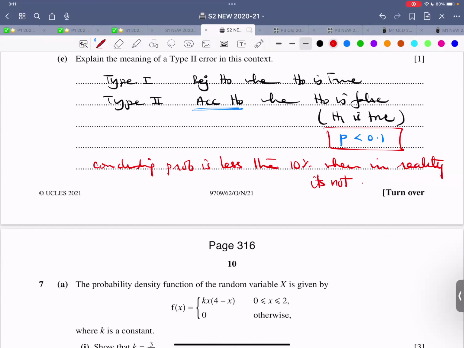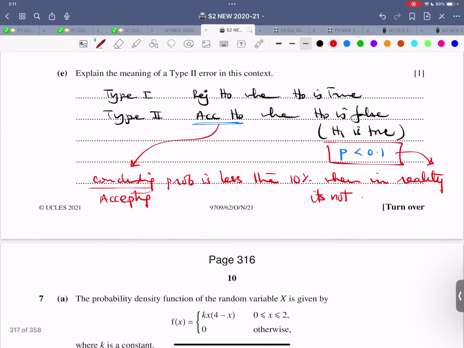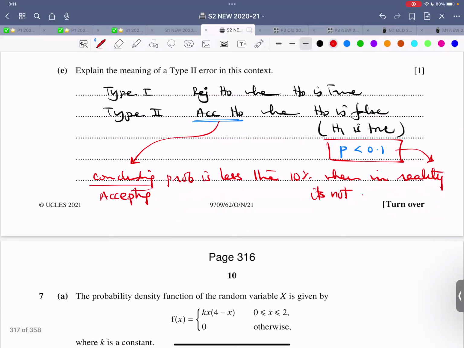This is the reality; this is what we are accepting. That is the probability of type 2 error.